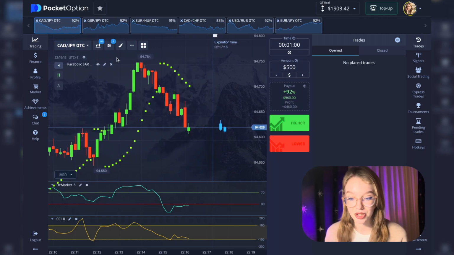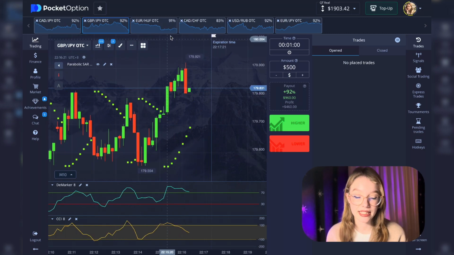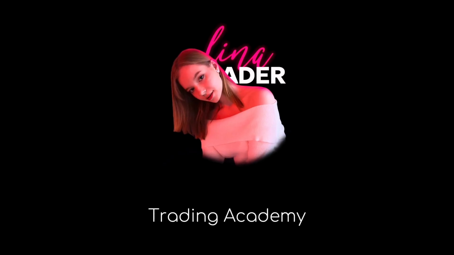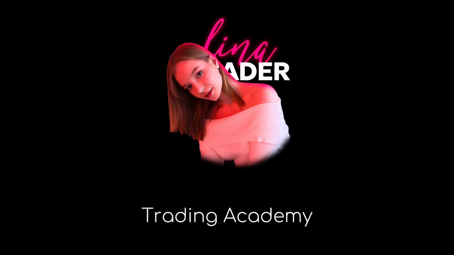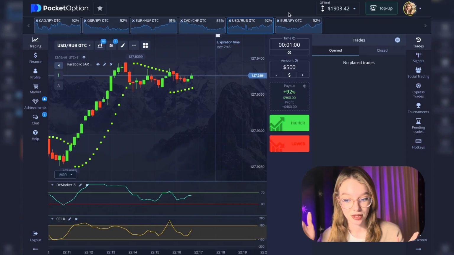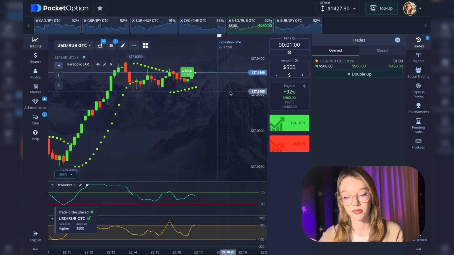By the way, I choose currency pairs on which the profit exceeds 80%. Let's analyze the situation of the trading pair American dollar, Russian ruble.